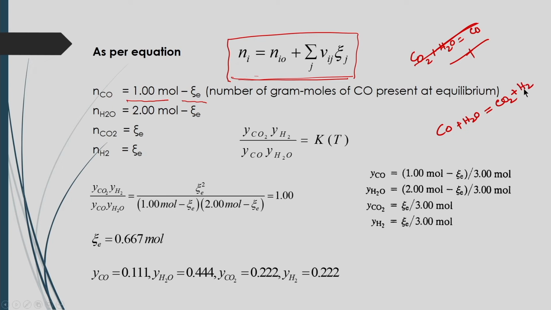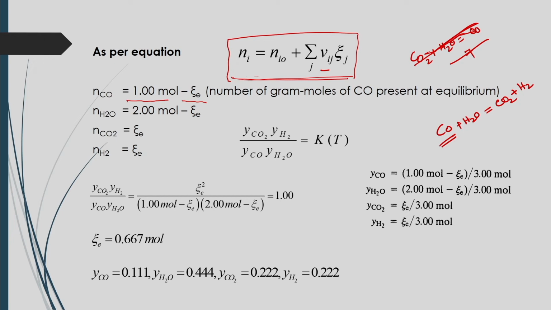If we consider carbon monoxide, the feed amount is 1.00 mole, and at equilibrium the extent of reaction is xi. Here we have to consider nu as minus 1, because this is a reactant.